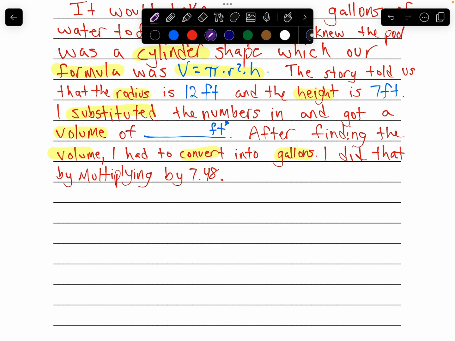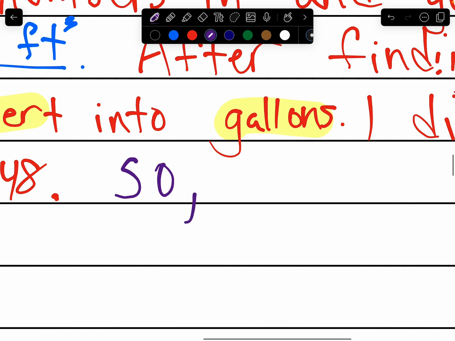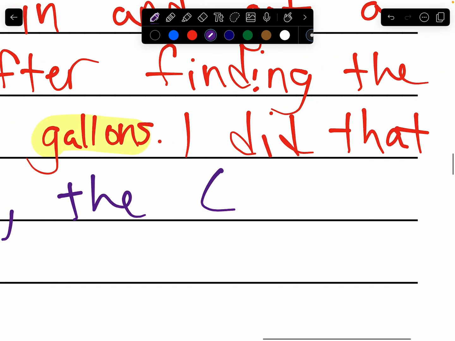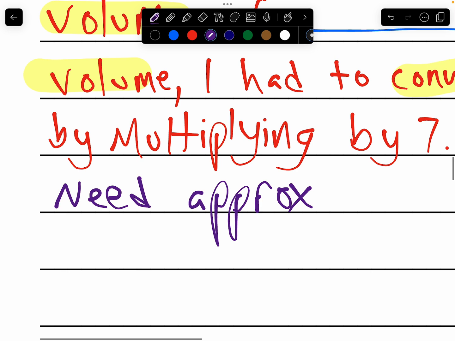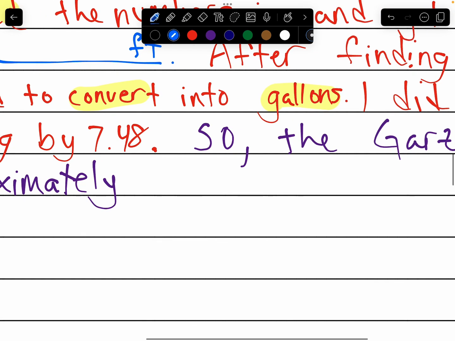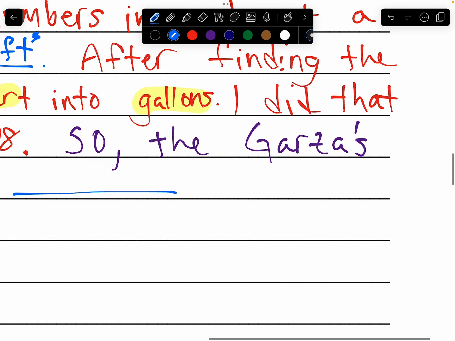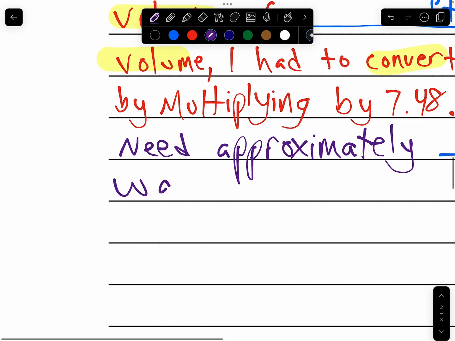And then we wrap it up, okay? After we did that, so the Garzas need approximately however many gallons you found of water to fill the pool.